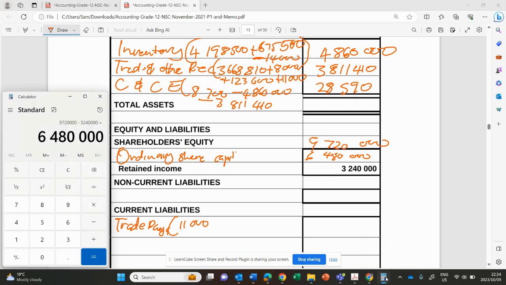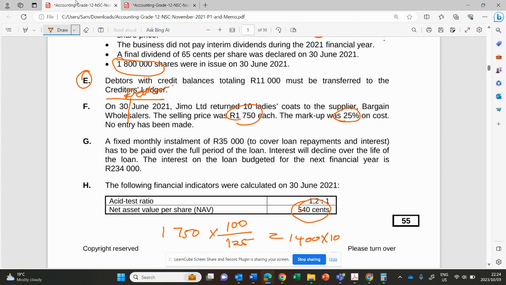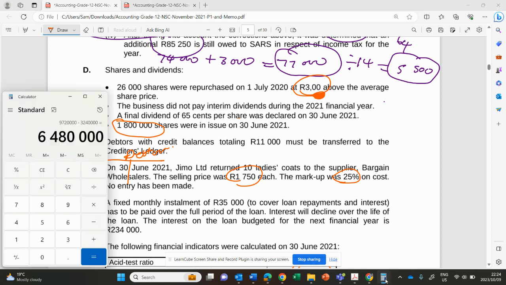What was the average price there? I think the price was somewhere above average. It's 3 rand. So now you can get the average price. You can say 3 times 100.